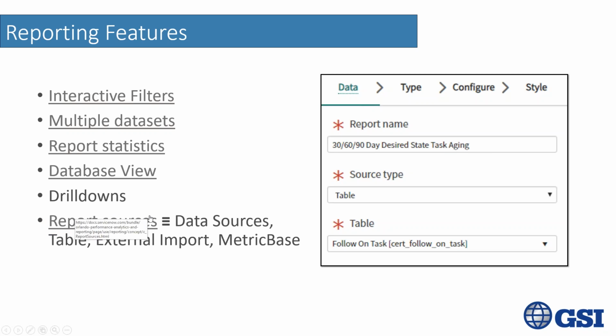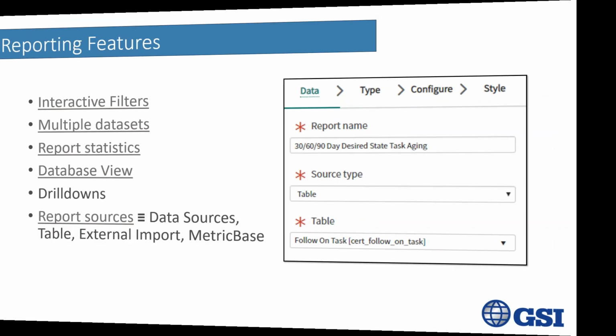And again, the report sources are more or less the same as data sources, and they can be tables, external imports, or metric base. And the last thing I'll say is the metric base on the slide is a sample of data that you can pull, like CPU utilization and memory utilization, and you don't want every single metric in there. So that sample of data is brought into ServiceNow for reporting purposes.